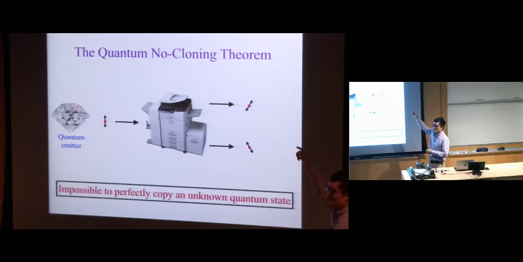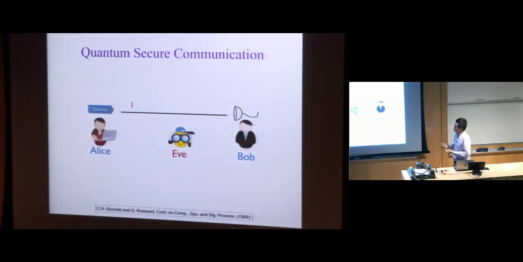So here you get two copies, but they are both distorted from your original state. So this is the no-cloning theorem. You just cannot get two perfect copies. So now you can leverage the no-cloning theorem and apply that to build a quantum secure communication system. So this is what you do.